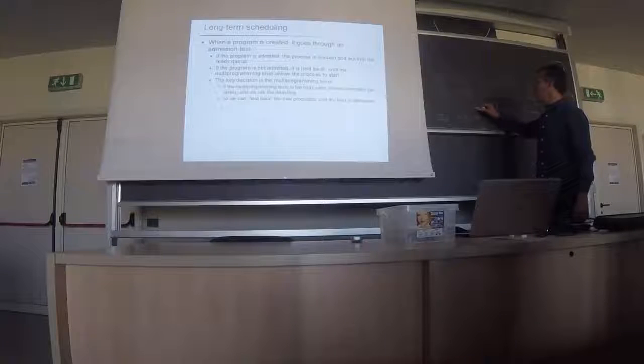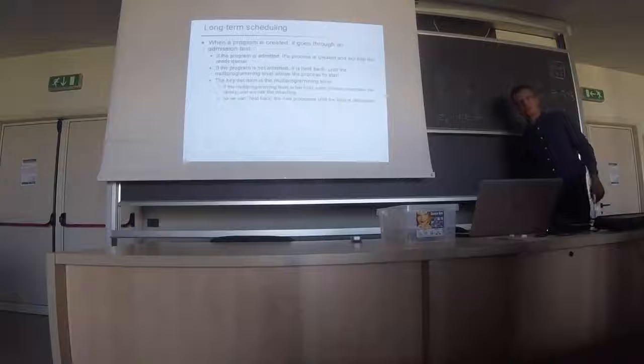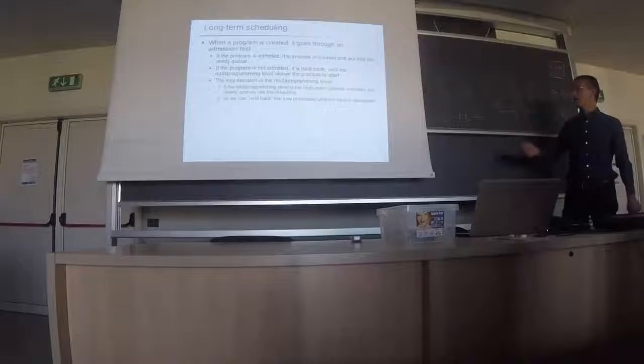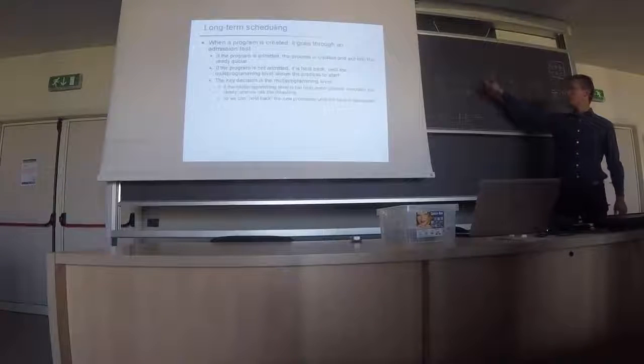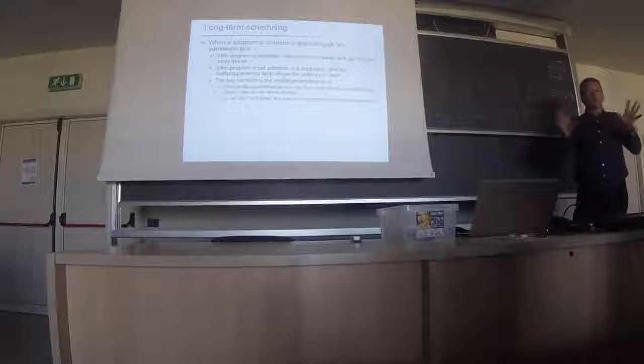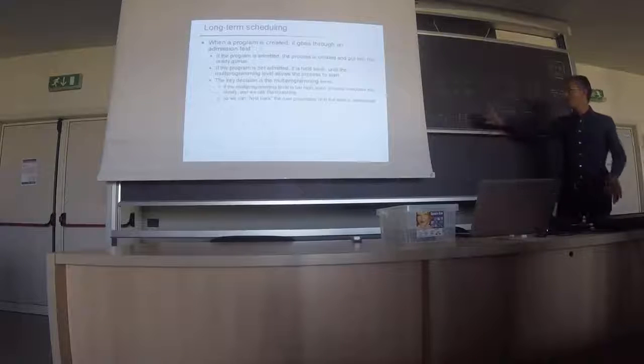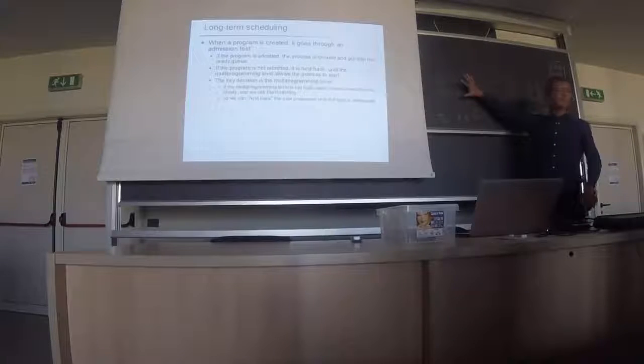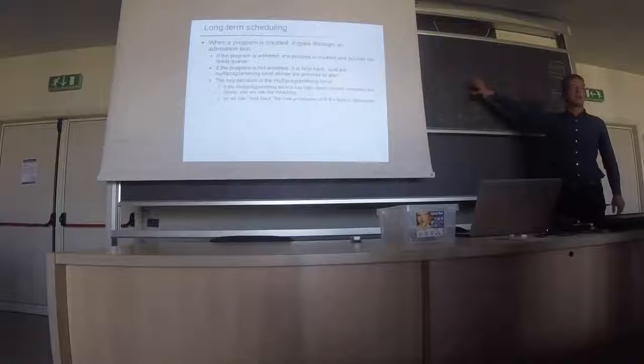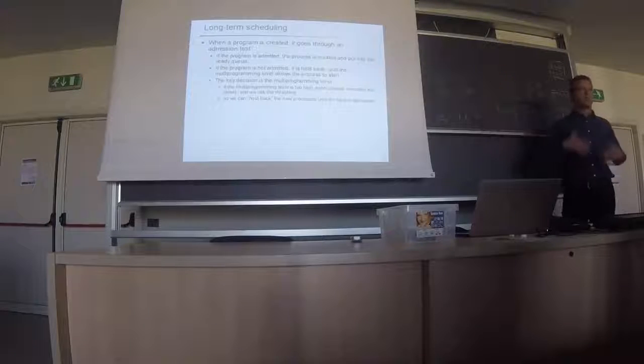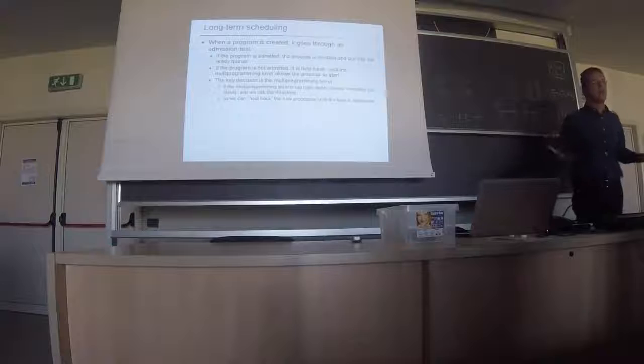It asks, can I enter the system? I have a schedulability test that computes, according to some given scheduling algorithm, whether this task can enter the system without causing any deadline miss. That's a feasibility or schedulability test.